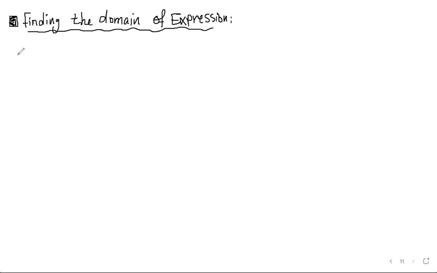So what's the domain? Again, a rational expression is a fraction. It has a denominator and a numerator.